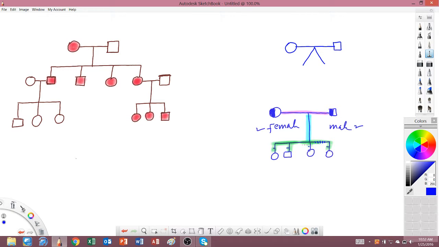Let me color it red. This means time, which means they're not twins. But here there is no time. It's at the same time. This is dizygotic twins.